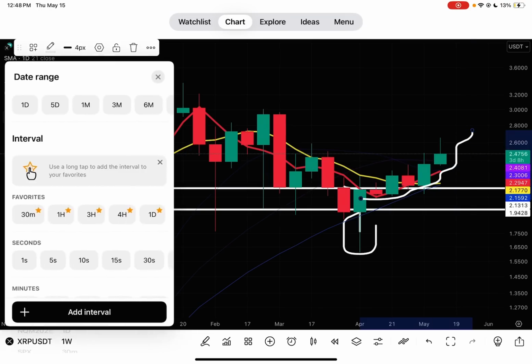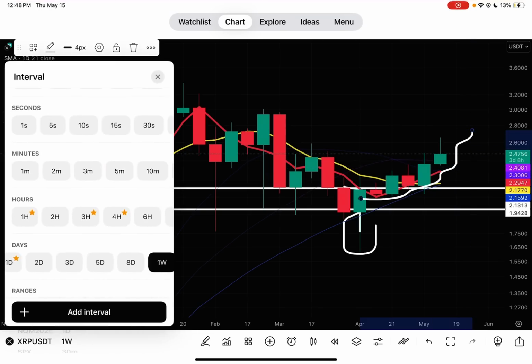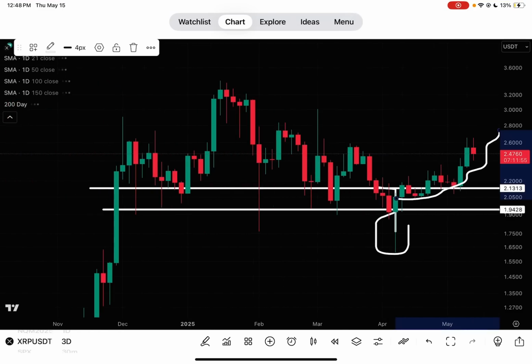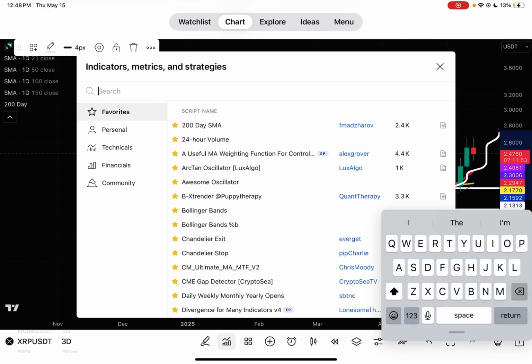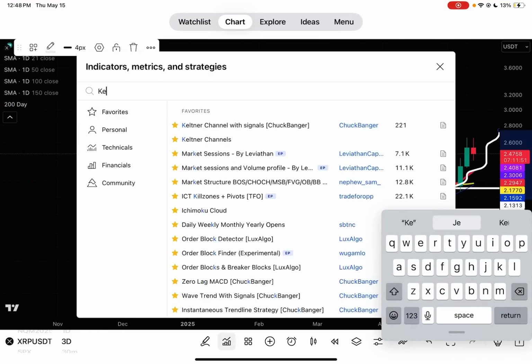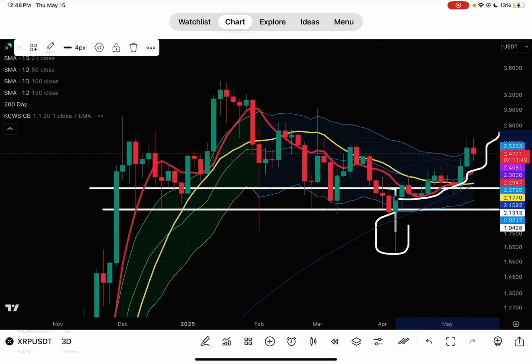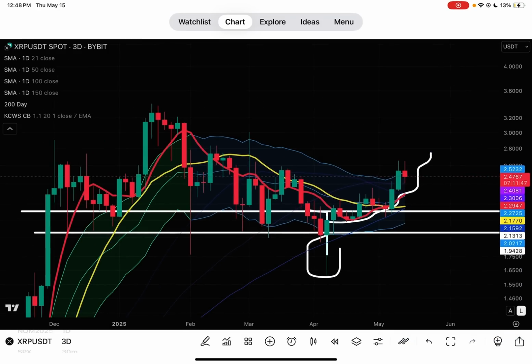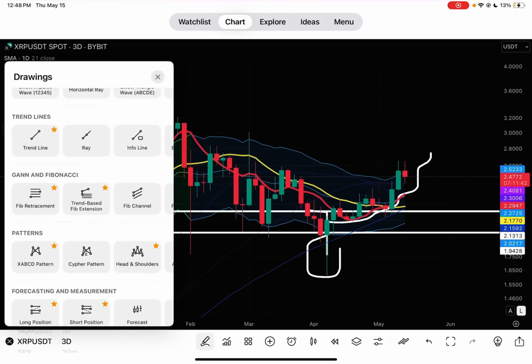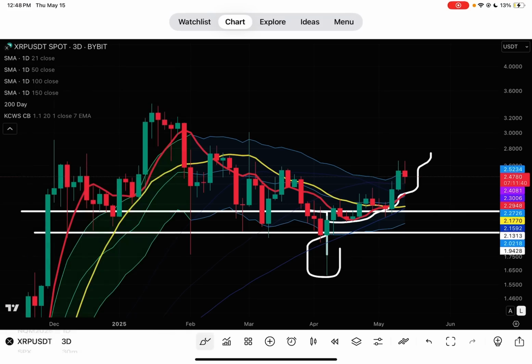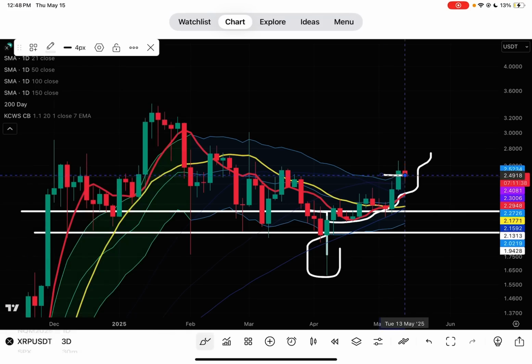And then if we take a look at the 3-day time frame on XRP, and if we put the Keltner channel on our chart, we can see that we've already entered into the parabolic phase, because we've had a 3-day candle close above the upper band of this Keltner channel right over here.